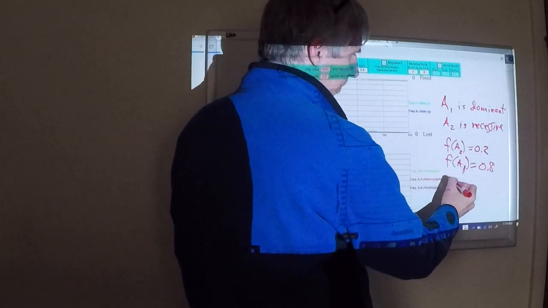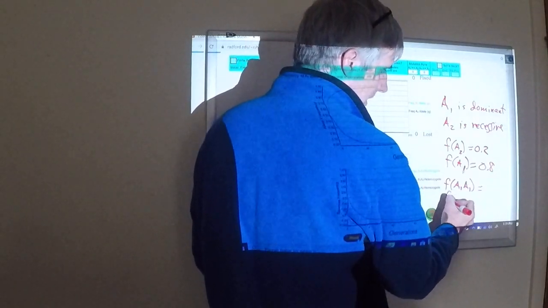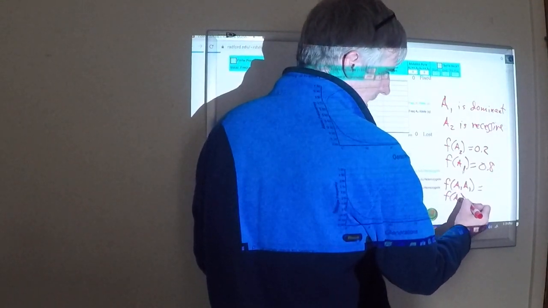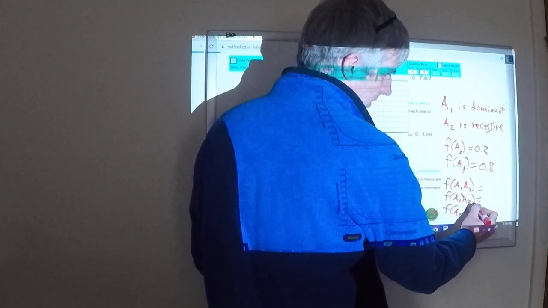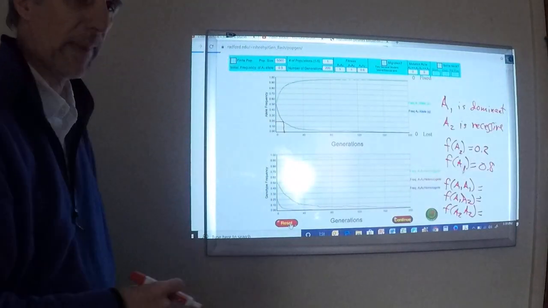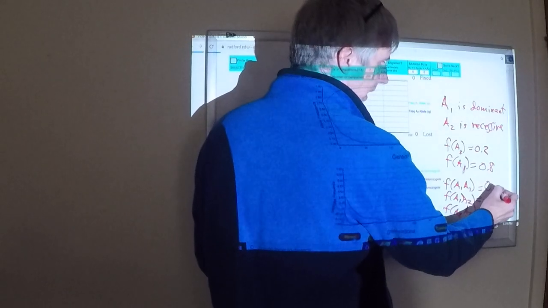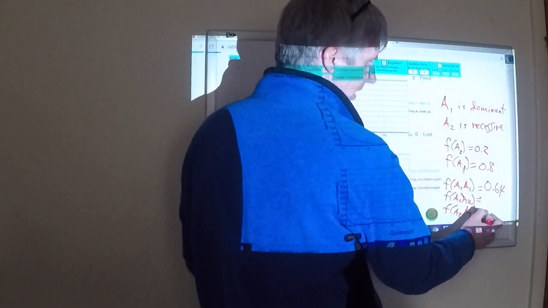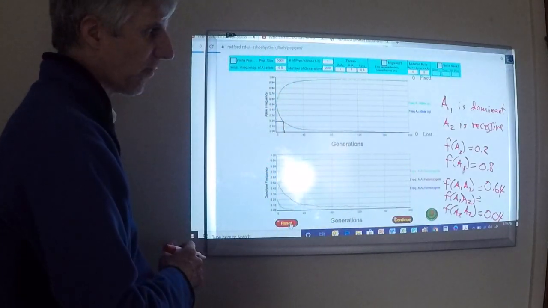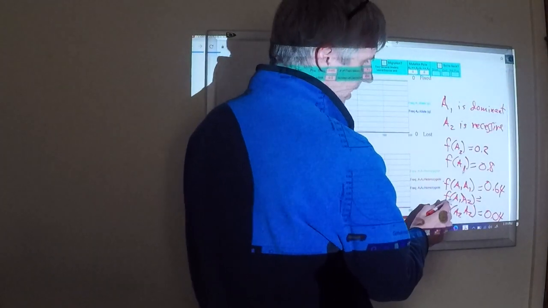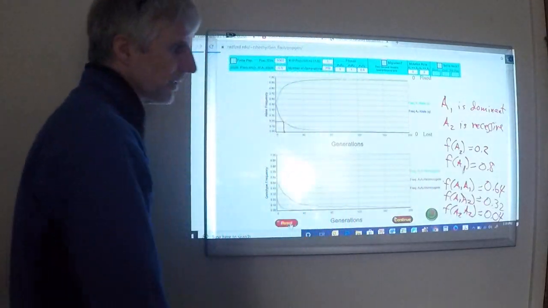Well, what's the expected frequency of the A1A1, the A1A2, and the A2A2? We can get at that with the Hardy-Weinberg equilibrium. The frequency of the A1A1 would be 64%. The frequency of the A2A2 would be 0.04, and the frequency of the heterozygote would be 16 times 2, or 32%.